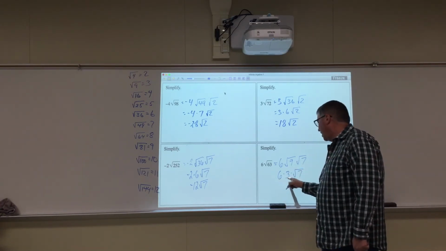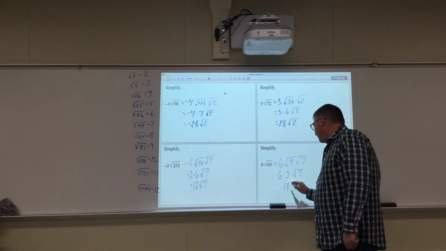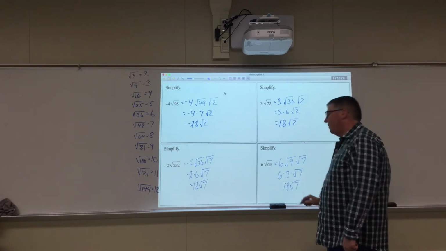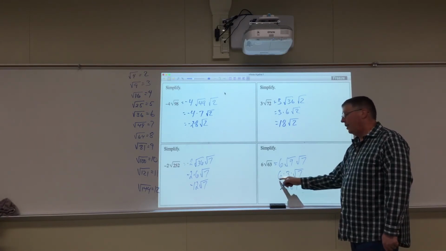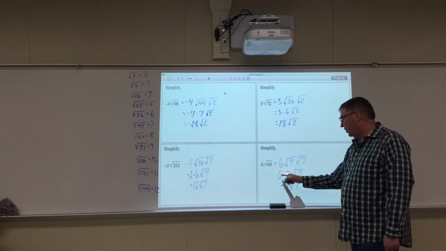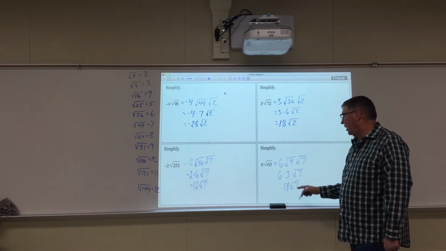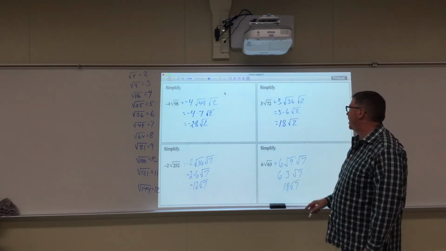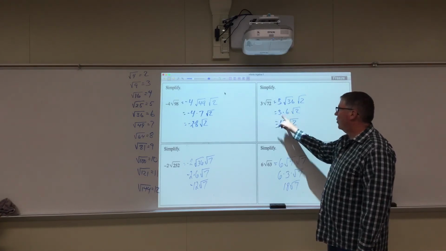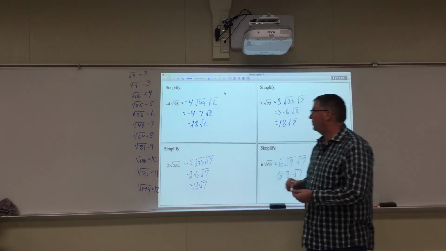And 6 times 3 is 18 radical 7. If it's under the radical, we can't multiply. These are both outside the radical, so it's just our normal 6 times 3. Radical 7 has to stay under. Same thing going on in each one of these problems.